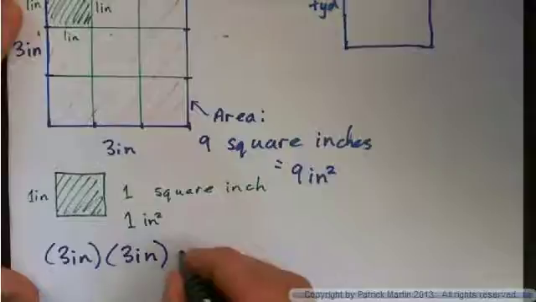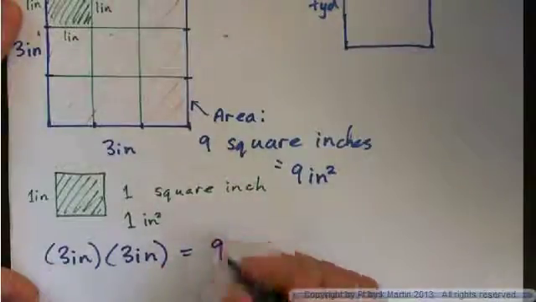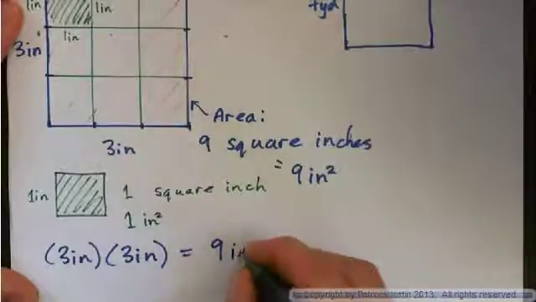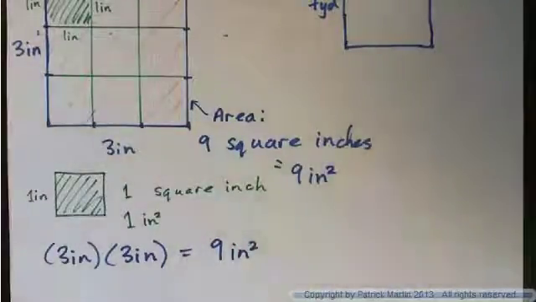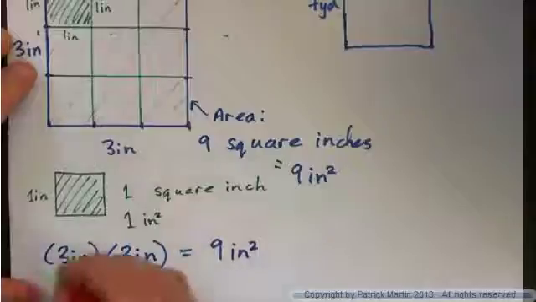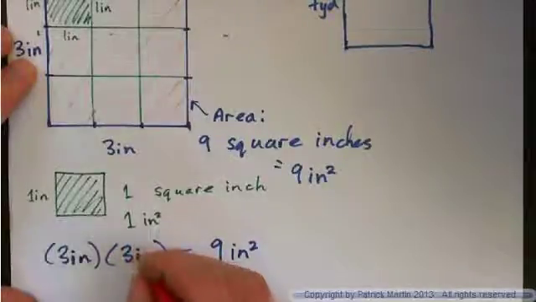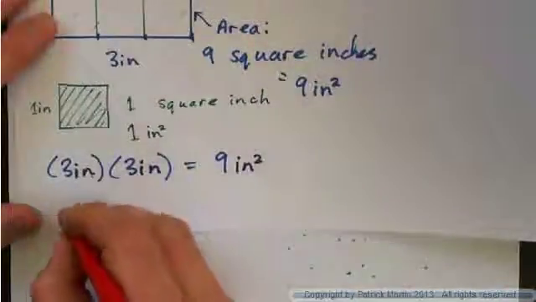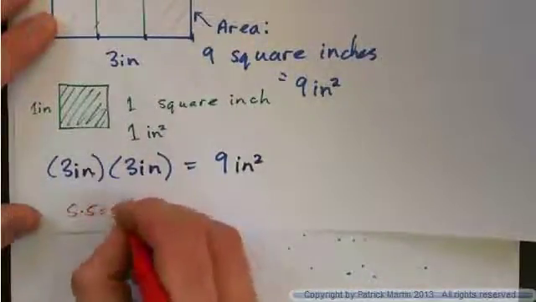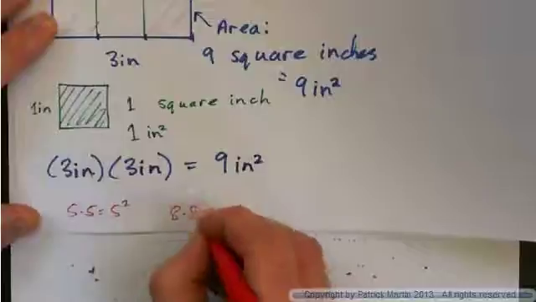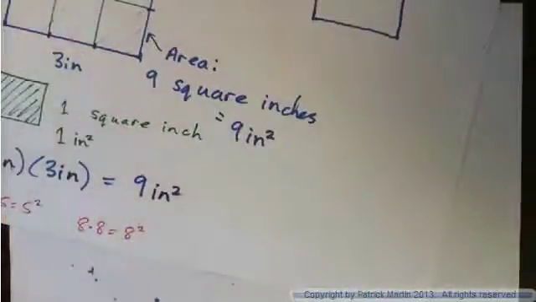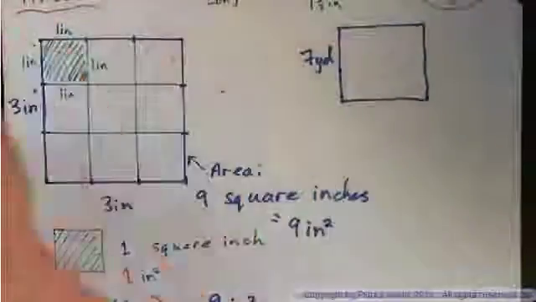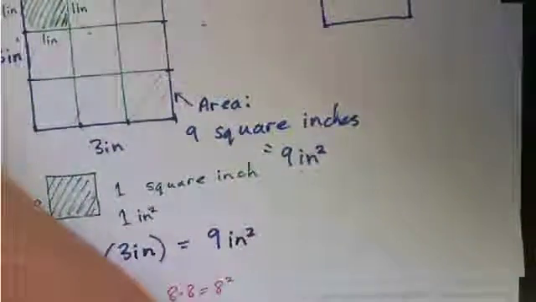And 3 times 3 gives 9, so the answer is 9, and it's measured in inches, so it has to be square inches or inch squared. Look, I have IN multiplied by IN, so that makes IN squared. Just like if you had 5 times 5, that would be 5 squared. If you had 8 times 8, that could be written 8 squared, and so on. So this is 9 square inches. The side times itself gives you 9 square inches.